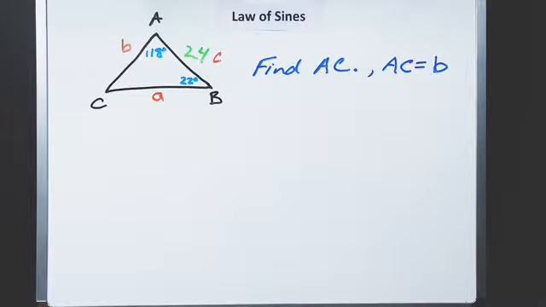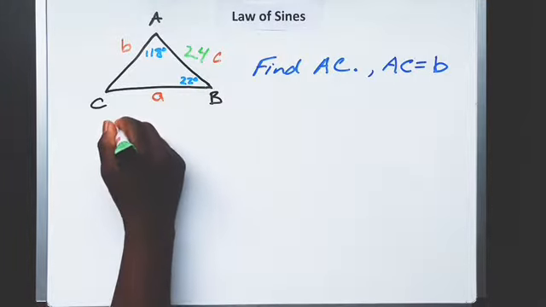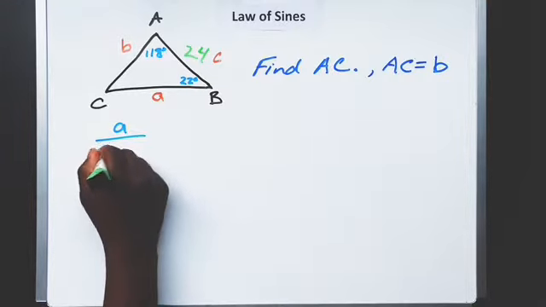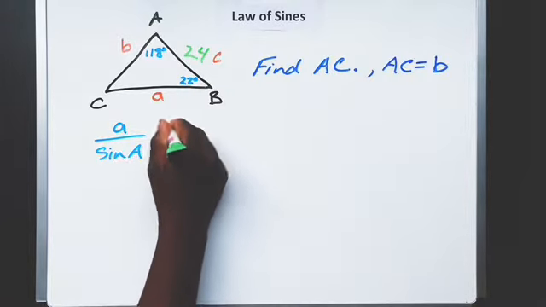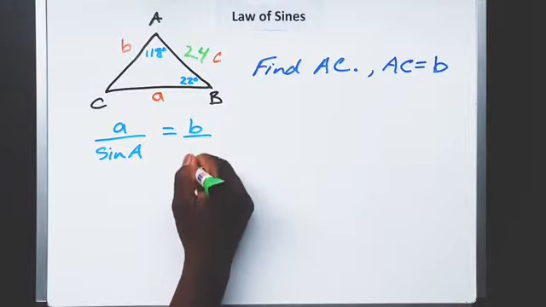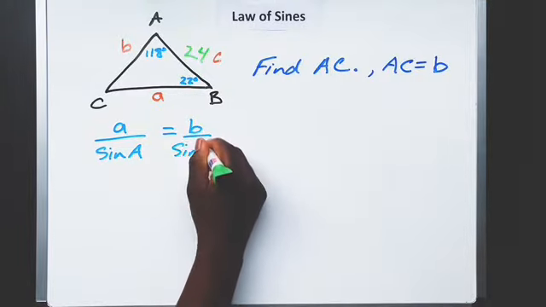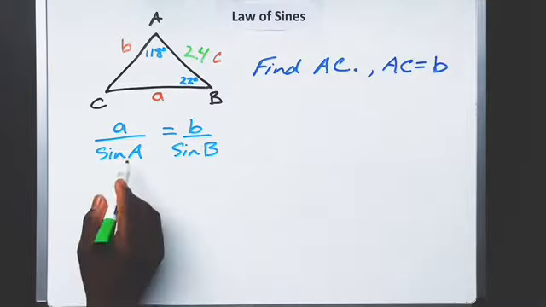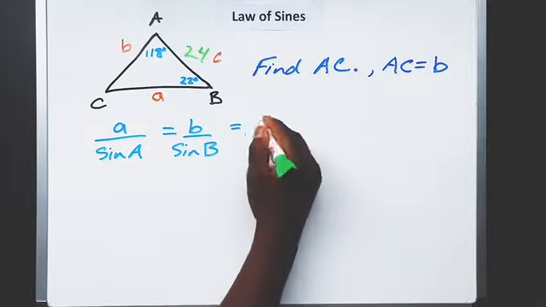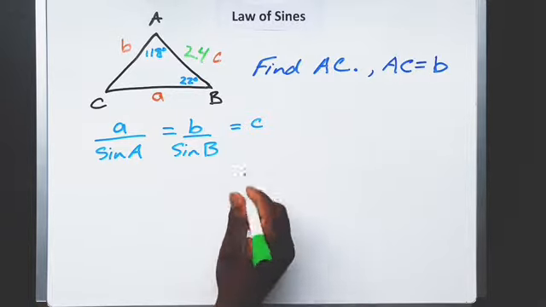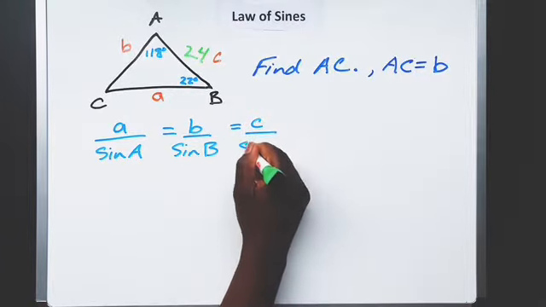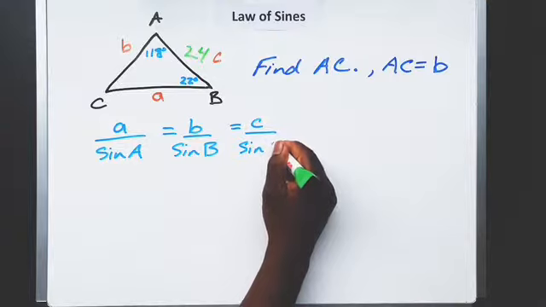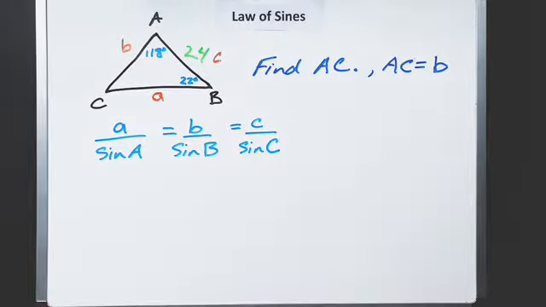The law of sines equation says that when you have a over the sine of A, which equals lowercase b, that's the side length, over the sine of B, the sine of angle A, sine of angle B, and then you have lowercase c or side length c over the sine of angle C. When you're using the law of sines in a problem like this, you have to use some analytical skills.